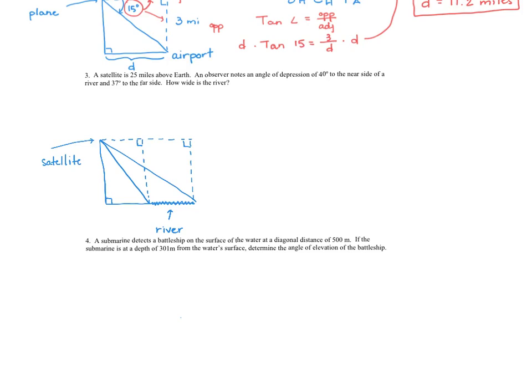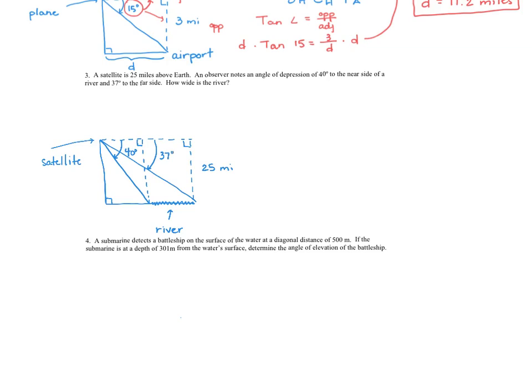So what I know now is the satellite is 25 miles above the Earth. An angle of depression from that satellite to the near side of the river is 40 degrees. And the angle of depression to the far side of the river is 37 degrees.